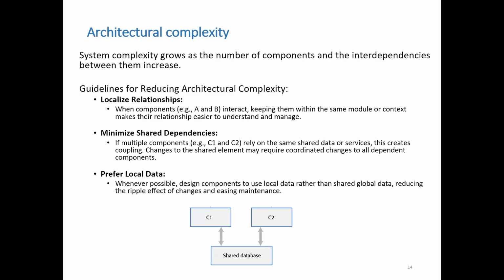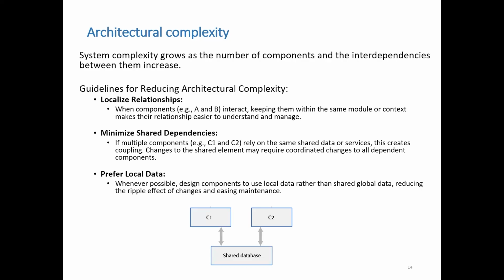Next, watch out for shared dependencies. When multiple components like C1 and C2 rely on the same shared database or service, that creates tight coupling. Any change to that shared element means you now have to analyze and potentially update both components. It slows you down and increases the risk of unintended side effects. A good rule of thumb is to prefer local data whenever possible.